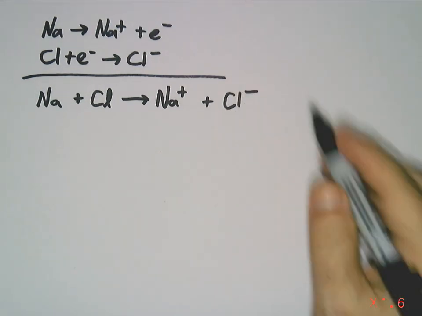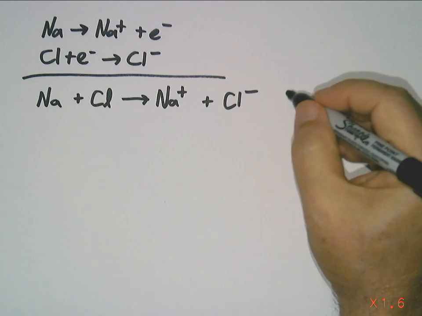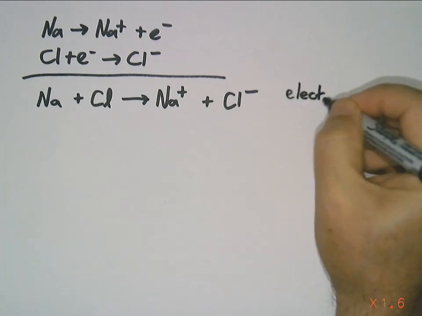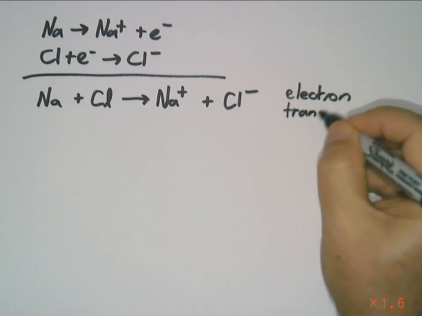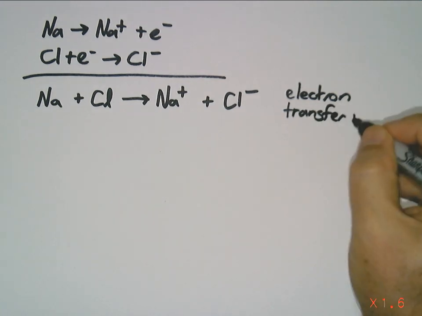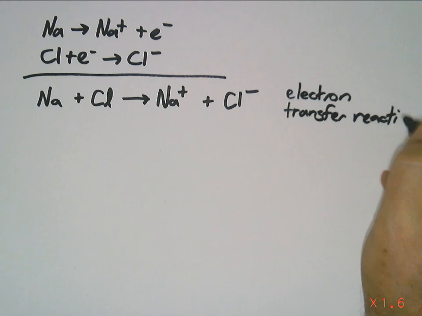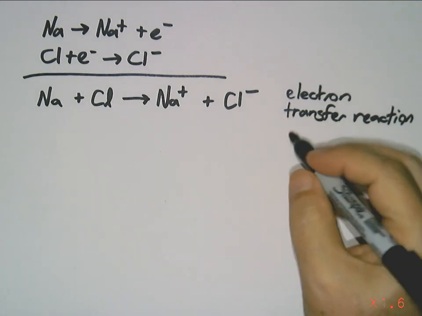So the electron popped off the sodium and went on to the chlorine. This is an electron transfer reaction.